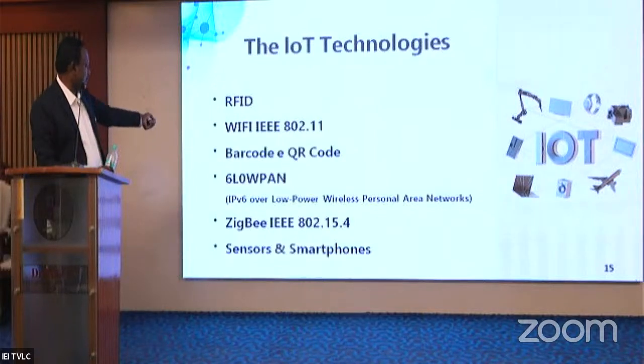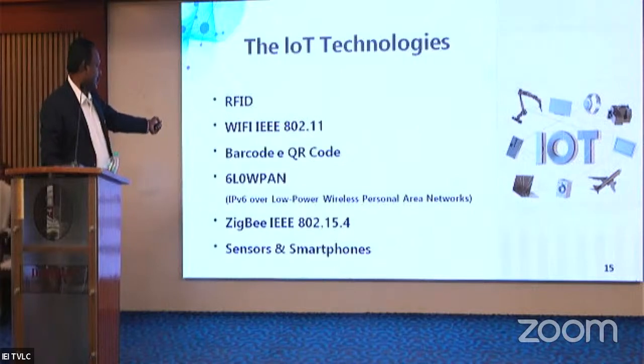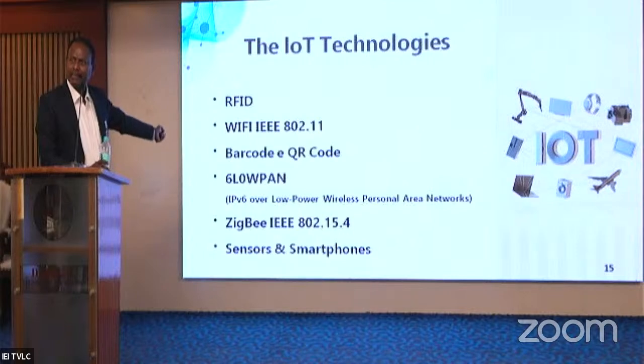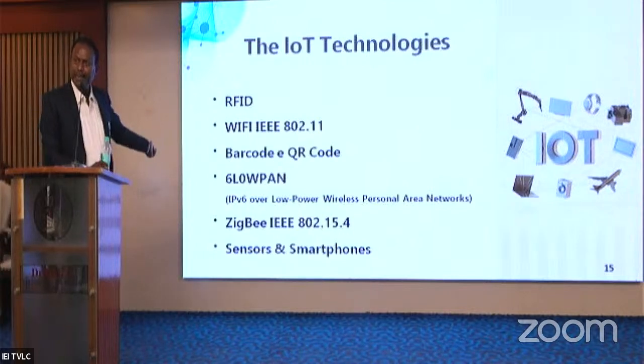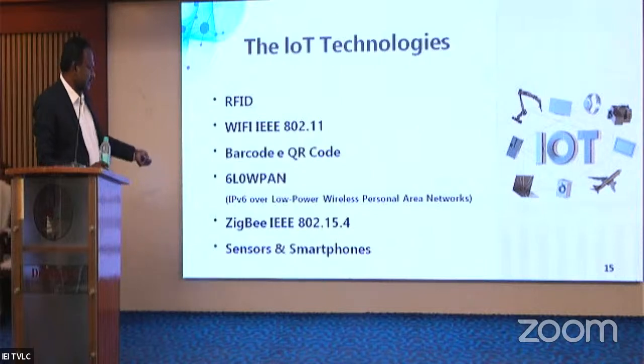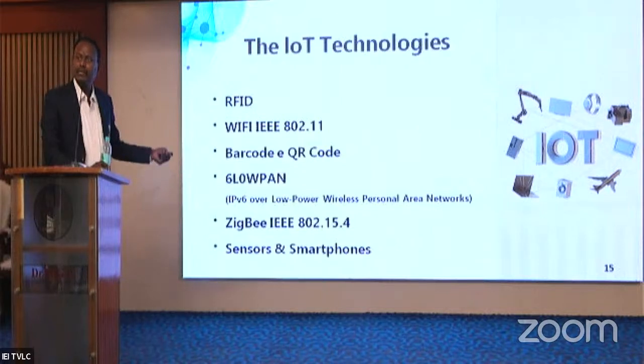And then this is 6LoWPAN, low power personal area network. That standard is also supported with IPv6. Zigbee network configurations can also be integrated with IPv6. And then the sensors and the smartphones too.